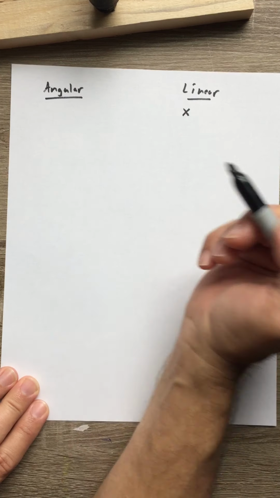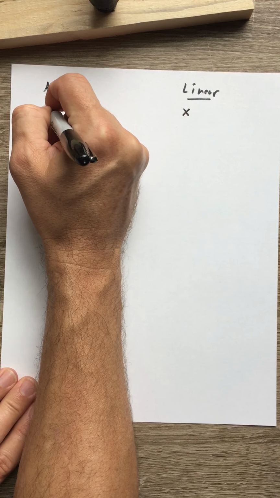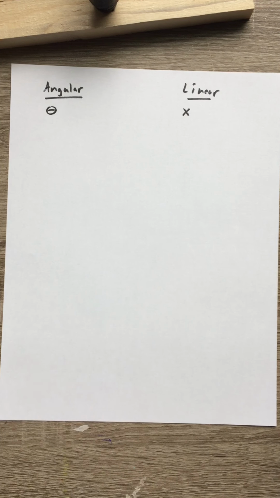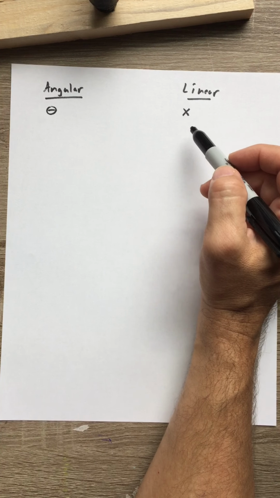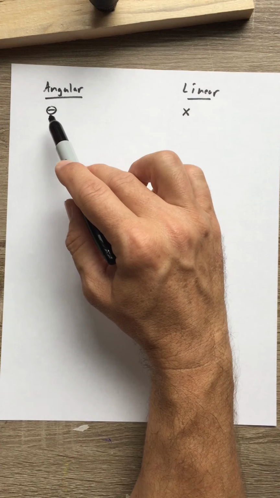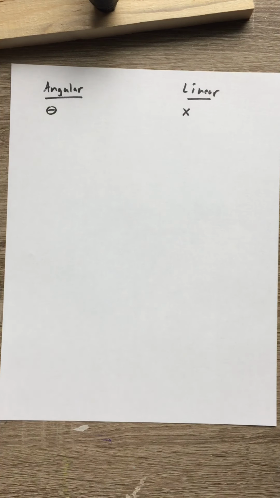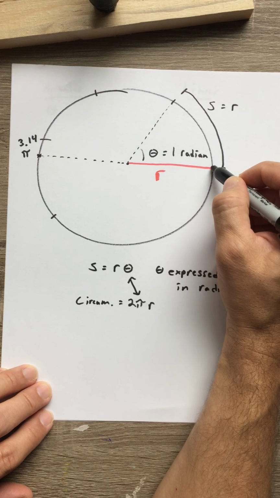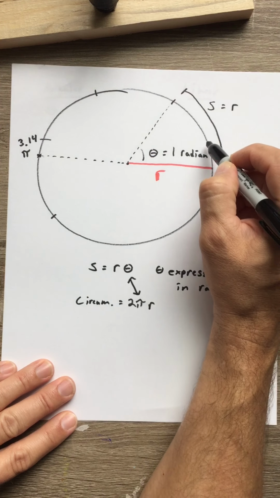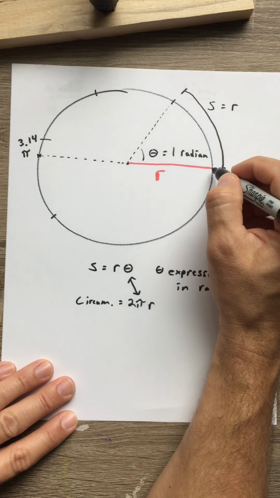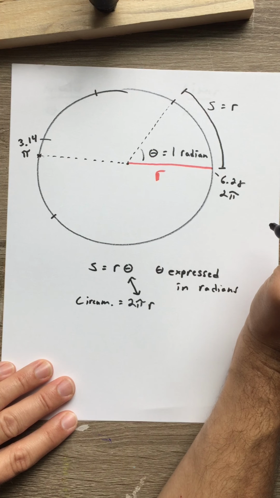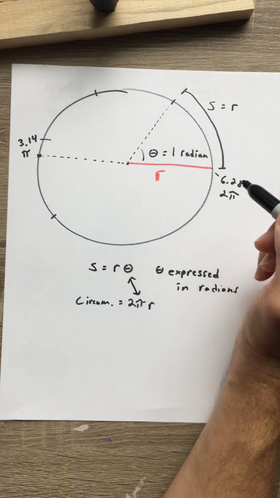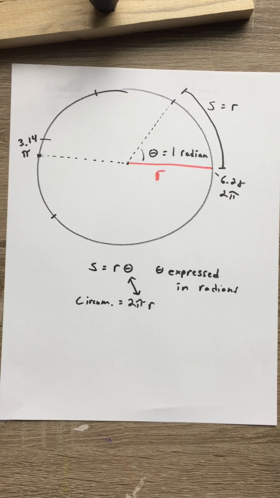Our position for angular, we've already seen it, is a theta. Right. Now, of course, just like with linear position, I'm going to have to define an origin here. This is the convention. I define my origin here, and then I take the counterclockwise direction as positive, the clockwise direction as negative. That's the convention we'll follow. Do you have to follow it? No, as long as you know what you're doing.